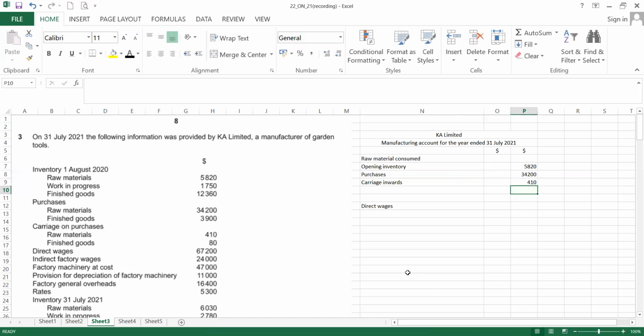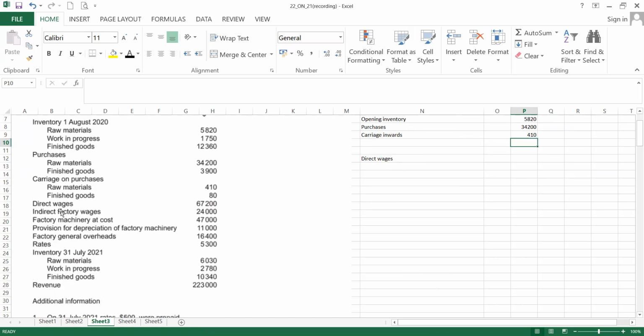This increases the cost. And then after that, closing inventory, which is 6030. This is to minus. So take notes, in case you forget, put a minus in front. After that, see if there is any more related to raw material consumed.